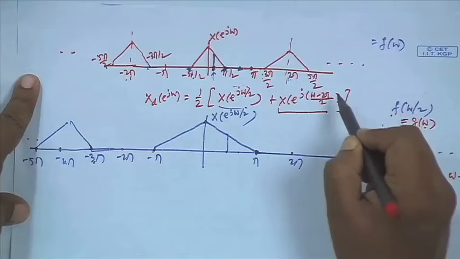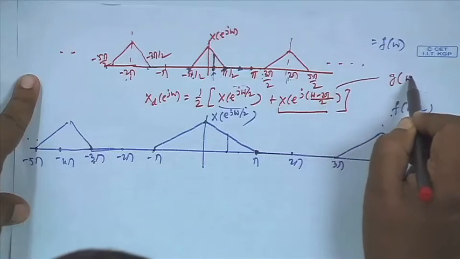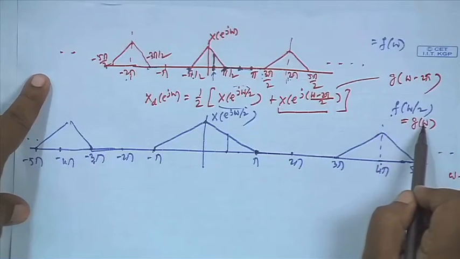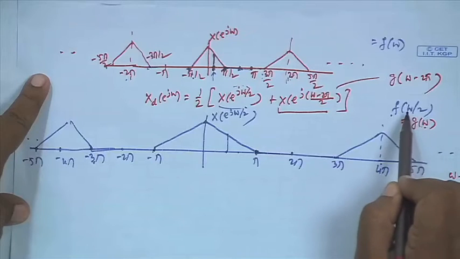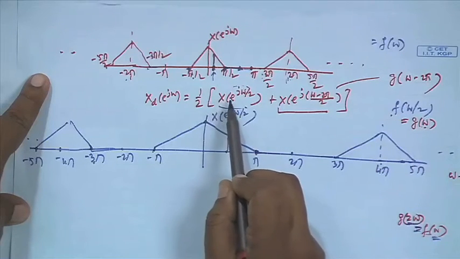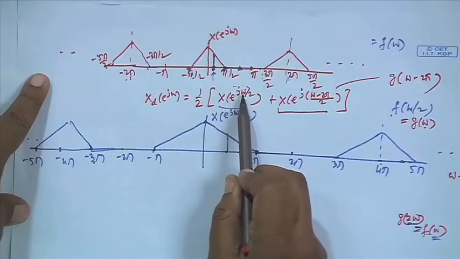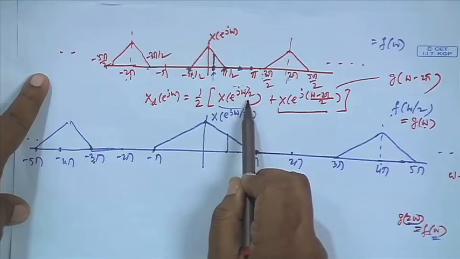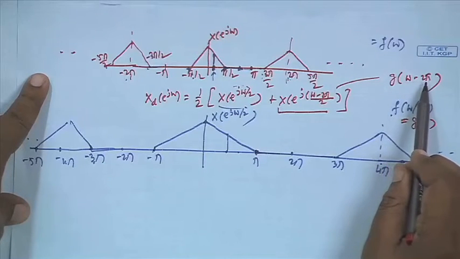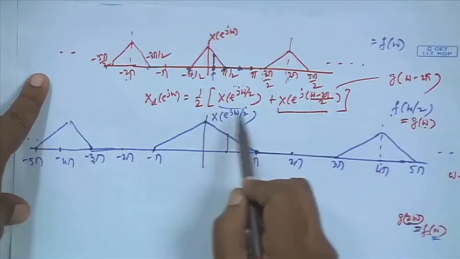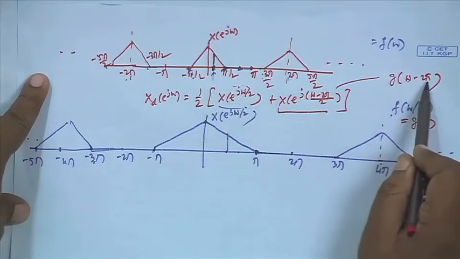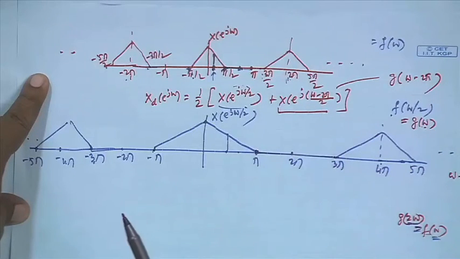This will be g omega minus 2 pi, because when it was omega, g omega I was plotting was f of omega by 2. f of omega by 2 means capital X to the power, earlier it was j omega, now instead of omega, omega by 2. So now what is g omega minus 2 pi? Omega minus 2 pi means X to the power j, instead of frequency omega, it is omega minus 2 pi, and then by 2 as it is.